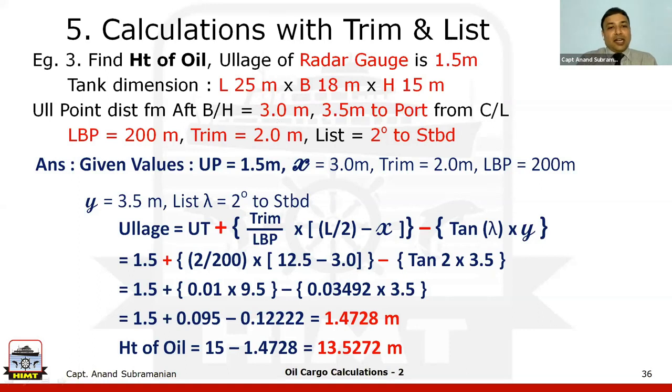The trim is towards the aft, because the trim is 2 meters, and that is the reason why this is also positive. Both are on the same end. But over here, one is on the port side and the list is on the starboard side. The same thing would have happened the other way also. So, being opposite, it is minus.